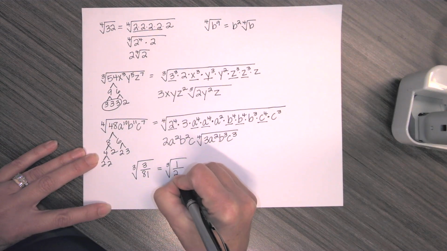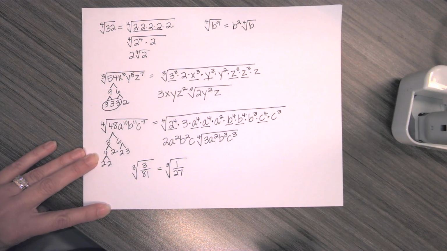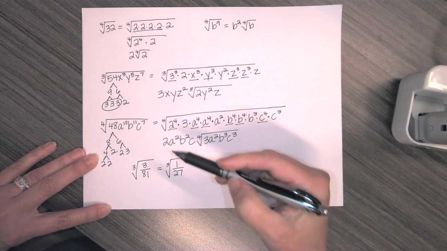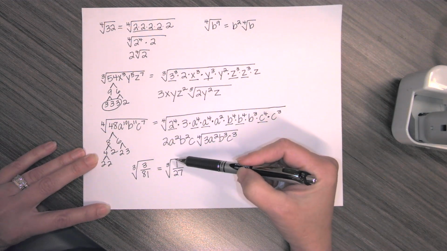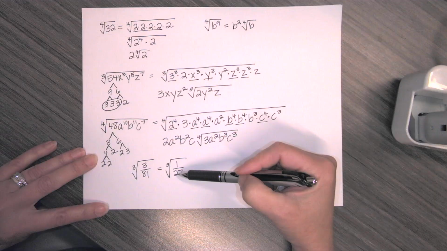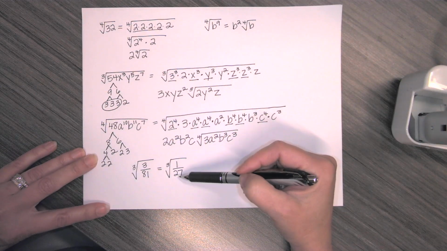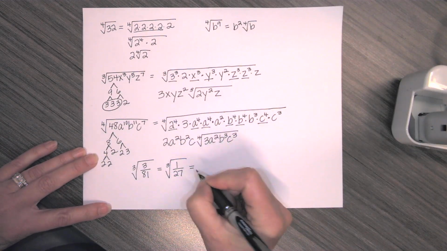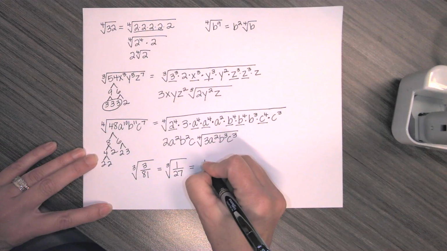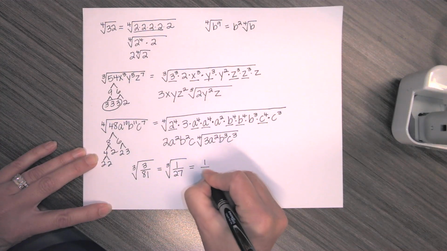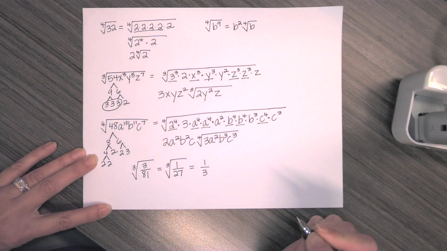So 3 over 81 simplifies to 1/27. By simplifying that, I now have 2 numbers under here that are actually perfect cubes, so that works out a lot better. The cube root of 1 is 1 and the cube root of 27 is 3.